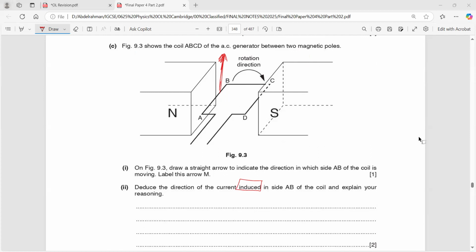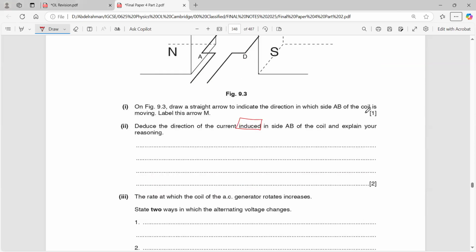The index finger is pointing towards the right, and the thumb is moving upwards. Therefore, the middle finger would be into the page, or from A to B. So the direction would be into the page, from A to B.